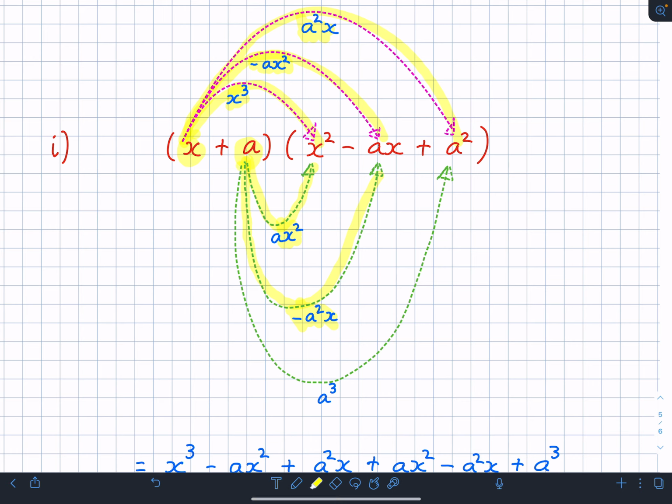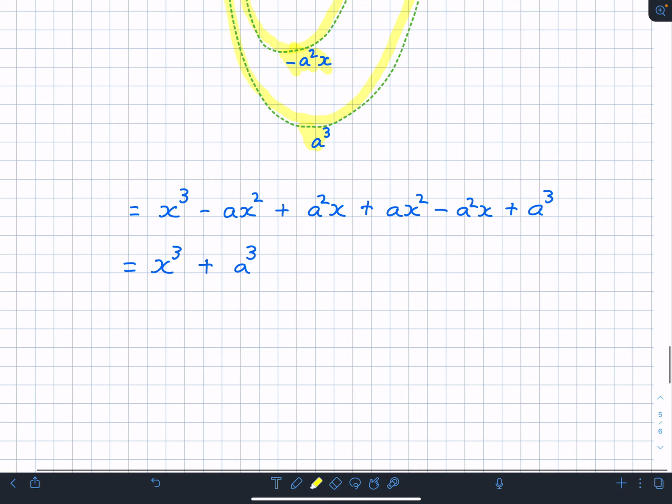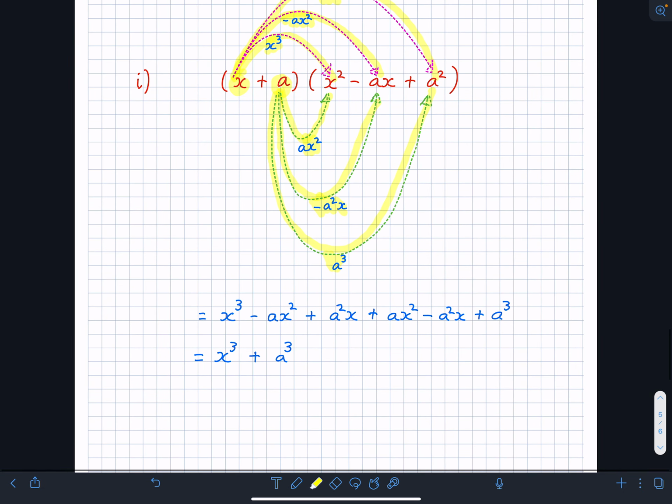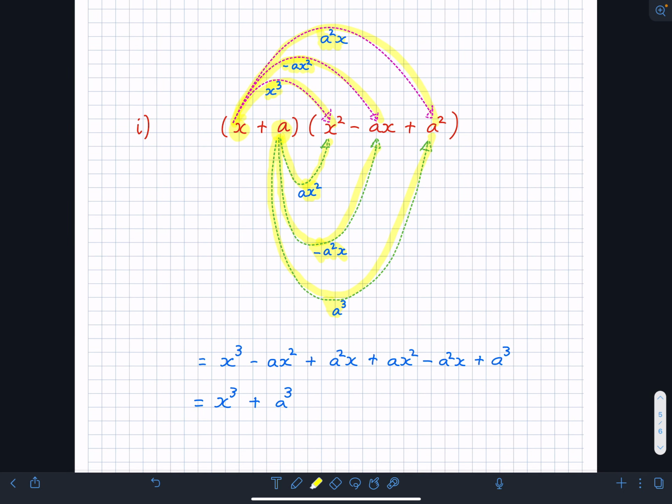And finally, we have a multiplied by a squared, so that gives us a to the power of 3. Okay, writing all of those out gives us x to the power of 3 minus ax squared plus a squared x plus ax squared minus a squared x plus a to the power of 3.